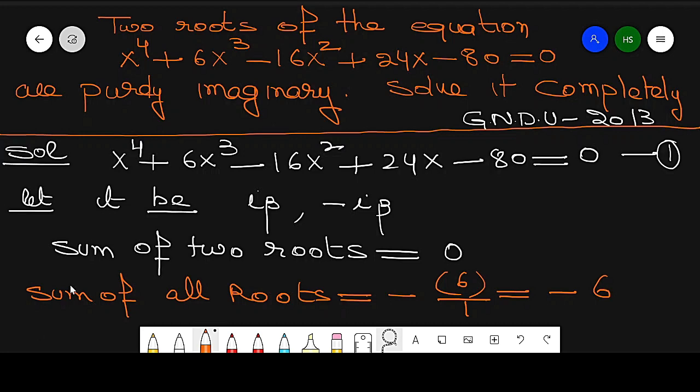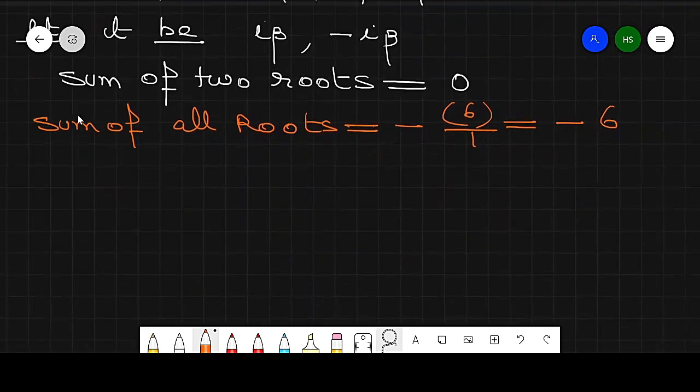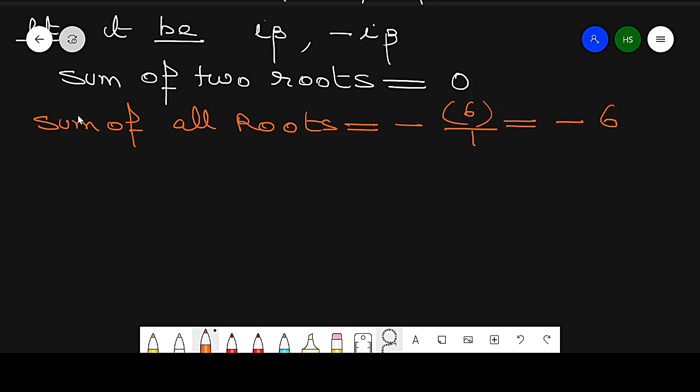It means the sum of 2 roots is 0 and the sum of the other 2 roots is minus 6. It means the sum of the other 2 roots is equal to minus 6.